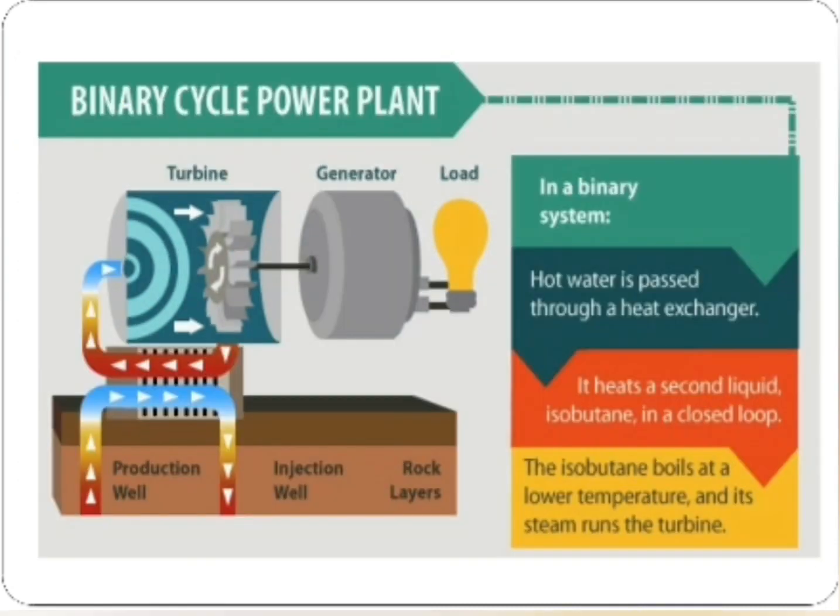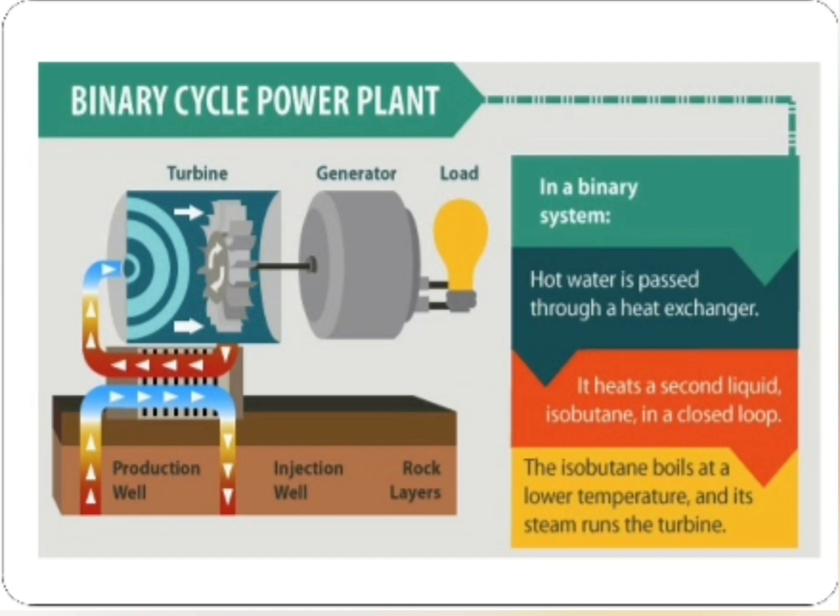And the last one is the binary cycle power plant. Here basically the hot water which is taken from the underground or the earth's crust is used to heat another liquid. Here we use a heat exchanger. In this mode of power plant, hot water is passed through a heat exchanger.